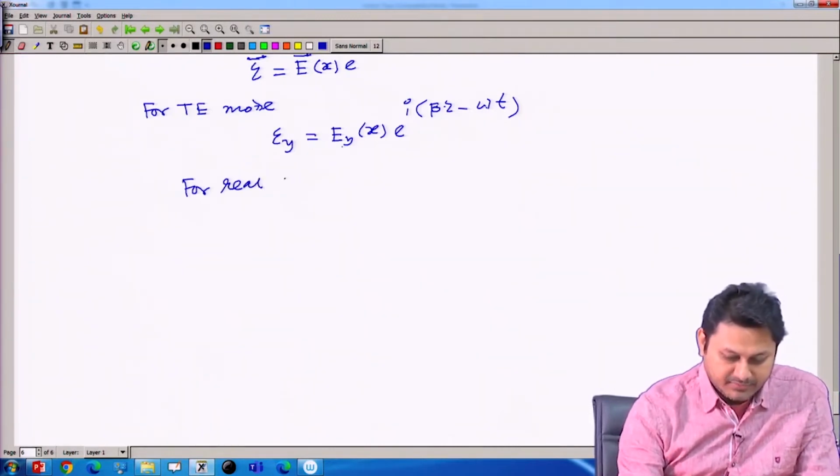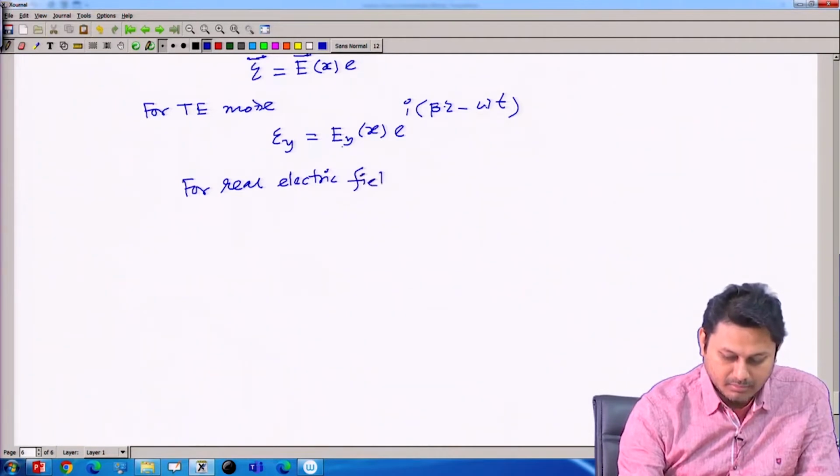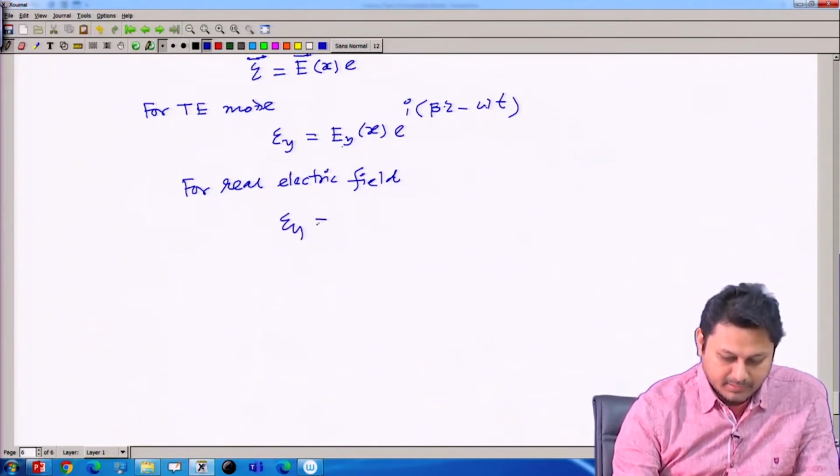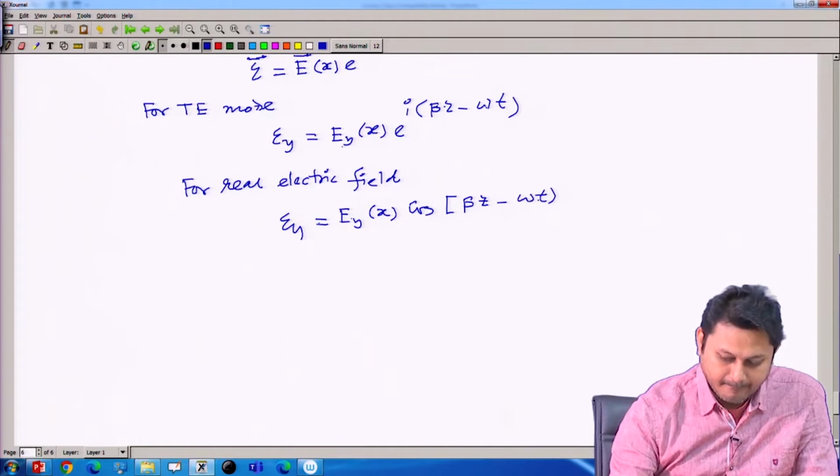I can write this as, for real electric field we have E y as E y x cos of beta z minus omega t.